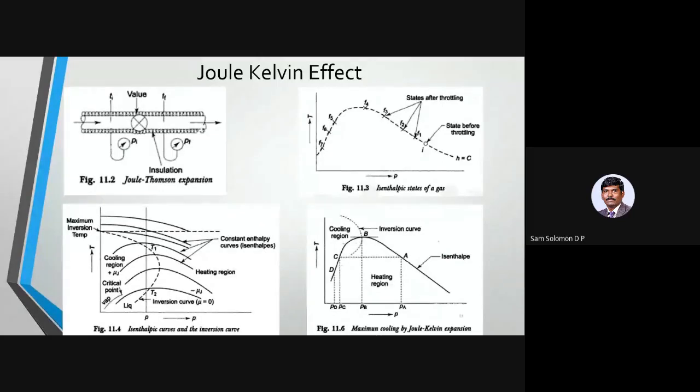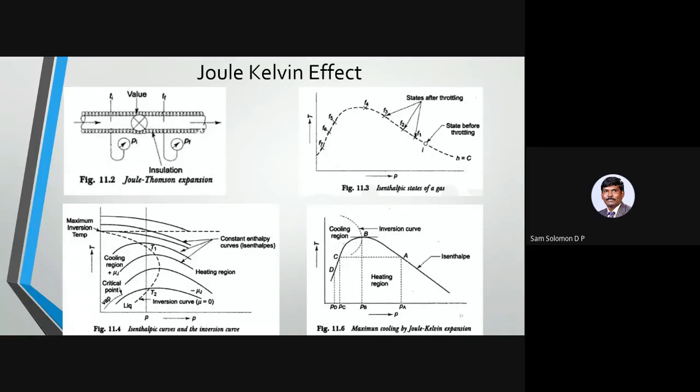One is the Joule Kelvin effect. In the Joule Kelvin effect, what we do is pass a gas, some fluid, through a tube through a valve. And what happens here is a throttling process. A throttling process is something where your enthalpy is constant. There is no change in the energy content of the fluid.